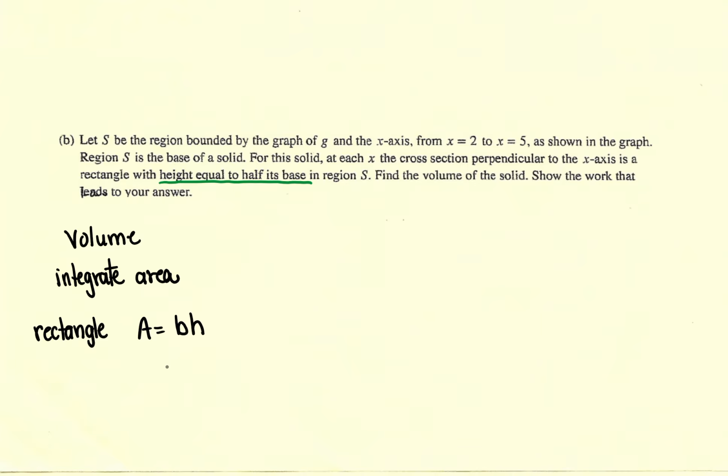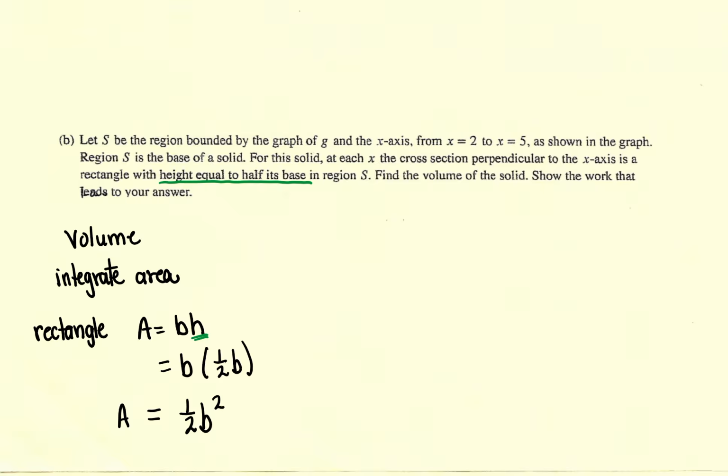So therefore, the base is just what it is, the base. But this height, we're told, is half the base. So therefore, the formula for area and what we need to integrate is 1/2 base squared.